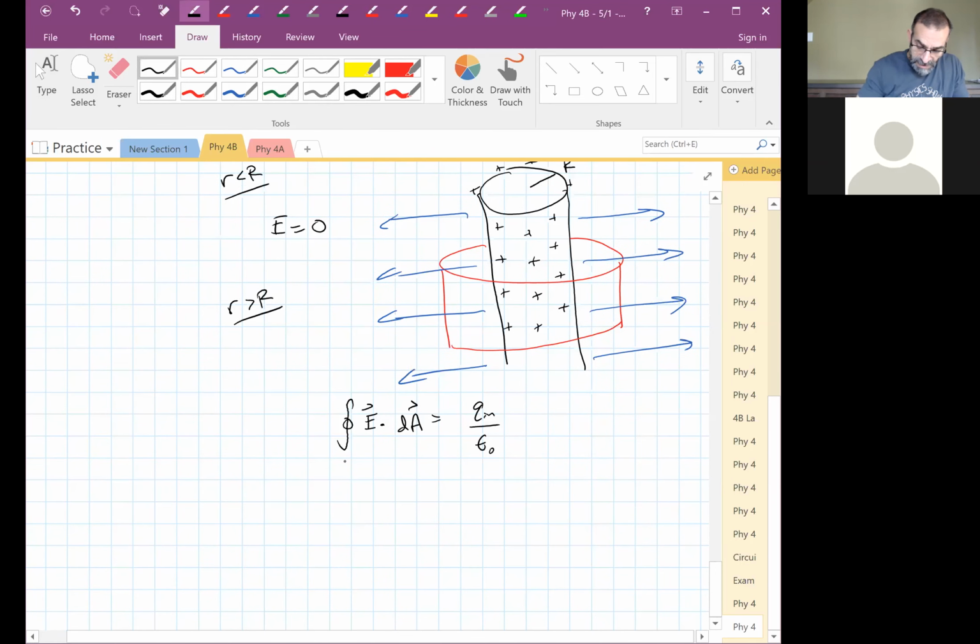So I can split this into 3 integrals, right? The integral over the top, the integral over the bottom, and the integral over the side of my cylinder. So this is the integral over the top plus the integral over the curved side plus the integral over the bottom is Q in over epsilon naught.